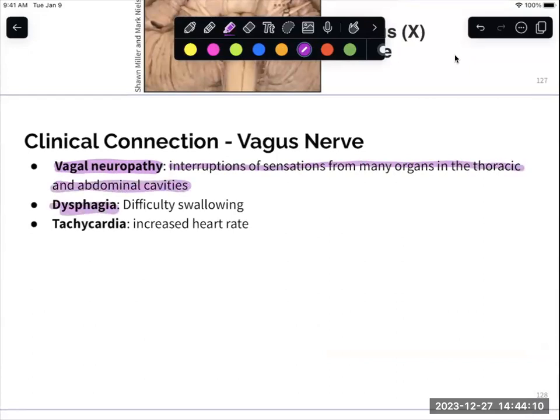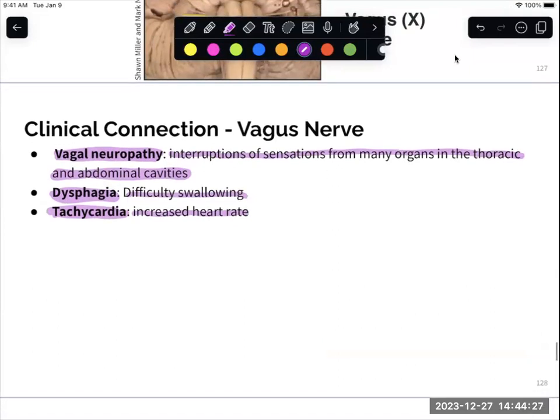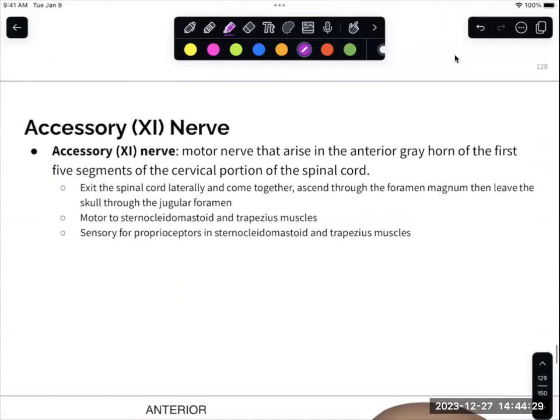Again, dysphagia, so people have difficulty swallowing, but tachycardia, because again, it's parasympathetic to the heart that rests and digests, so it slows down your heart rate. Well, if that vagus nerve isn't working, it can cause an increase in heart rate. The exact opposite.